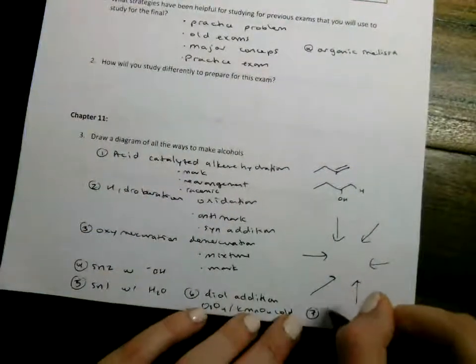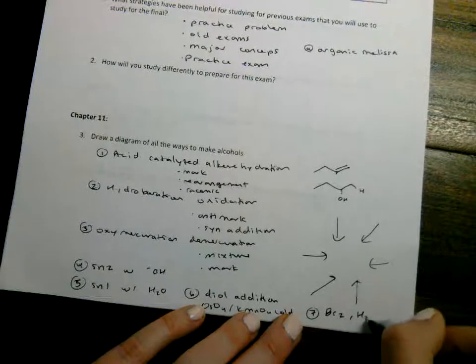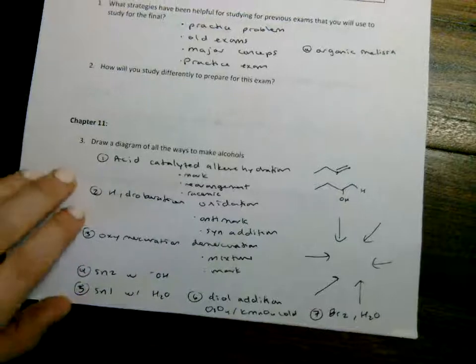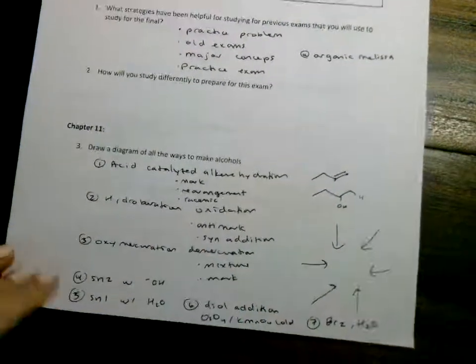And then another one is if you do Br2 with water, that's a halohydrin, that forms an alcohol as well. It's not just an alcohol, it's a bromine and an alcohol, but those are kind of some special cases. Okay, so whatever works for you, if you want to make a chart that makes sense, we want you guys to do that.